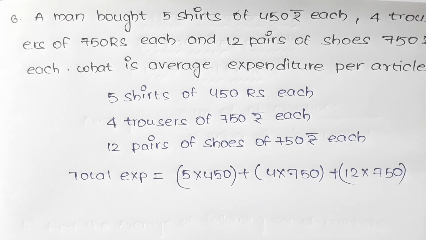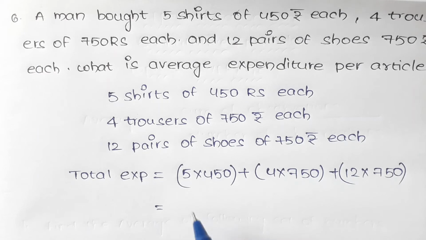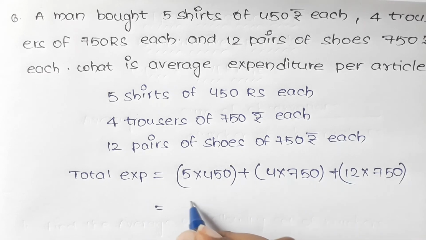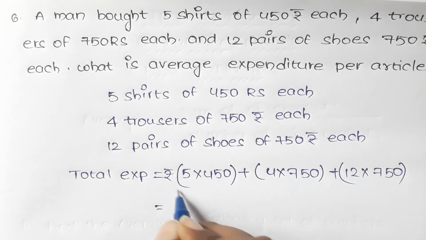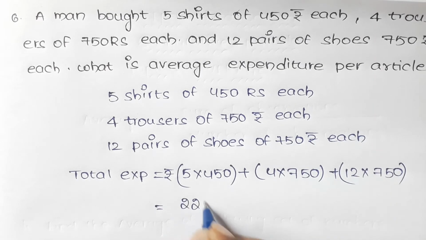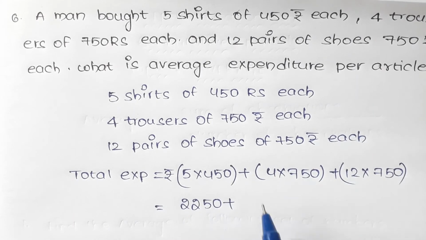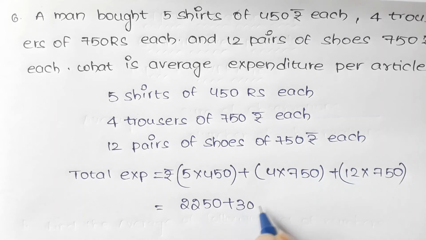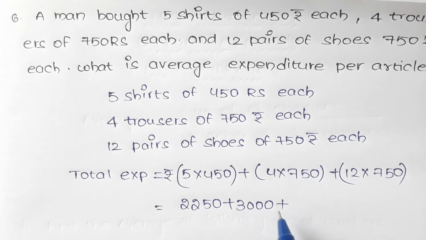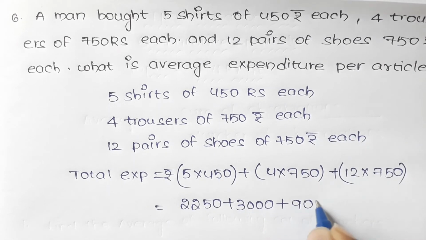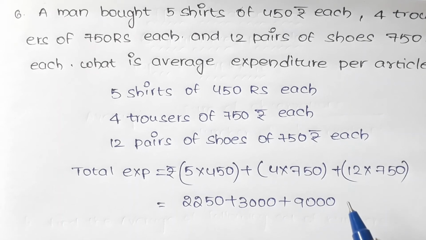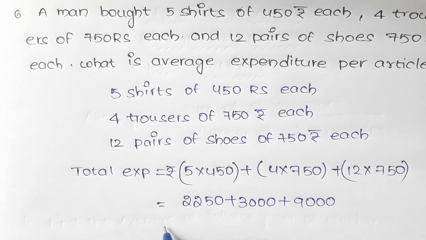This is the total expenditure for all the items. When we add all this, 5 into 450 is nothing but 2250, and 3000, and again 9000. And when we add all these items, the expenditure is 14,250 rupees.